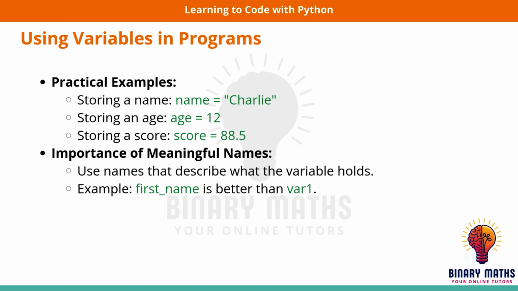This practice makes your code more readable and easier to understand. Therefore, it's a good idea to use variable names which describe the values that will be held within a variable that you create in your program.